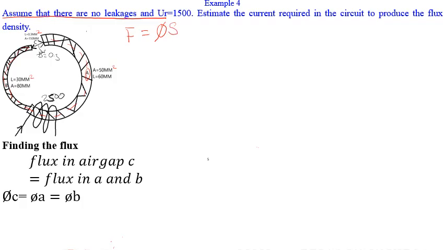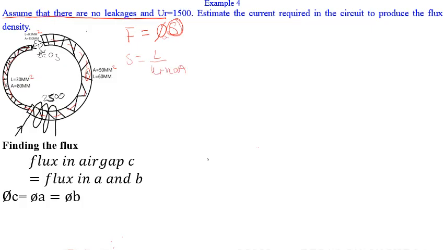The flux in A is equal to the flux in C, so what we need is the reluctance for A, for B, and for C. To make the work simple, I just added the reluctance formula: reluctance S is equal to L over U naught, U R, area.